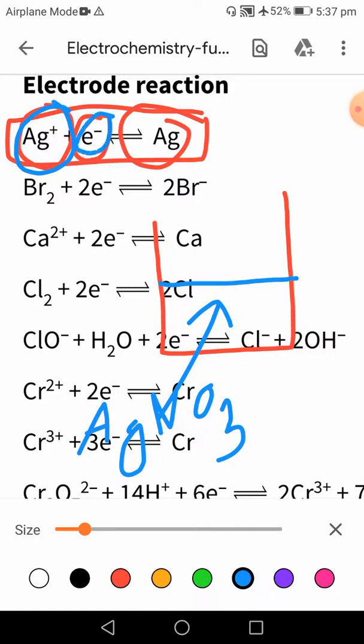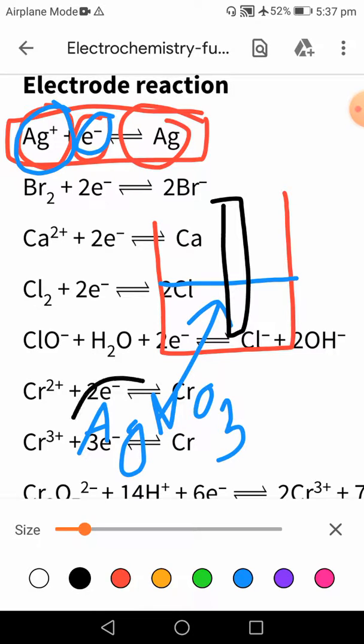Then electron is found within metals, and usually when you don't find any metal in an electrode equation, we directly use platinum. So you may prefer to use a platinum rod or a platinum wire here, but that is not actually needed. Why? I'm going to tell you.